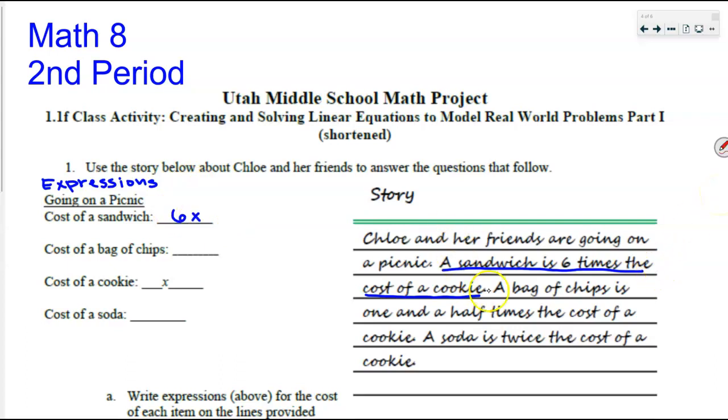Okay, let's keep going. A bag of chips is 1.5 times the cost of a cookie. So how am I going to represent that? 1.5 times the cost of a cookie. Remember, the cost of a cookie is X. Angela. We're representing bag of chips.